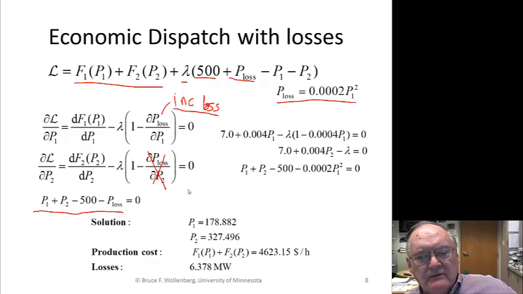And if we solve this, you'll notice that now we get a term lambda times P1, and then we have a P1 squared in here. The equations are no longer linear. So it takes an iterative approach.